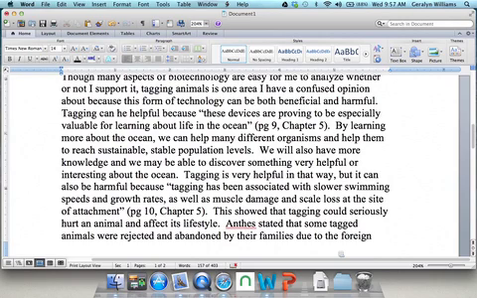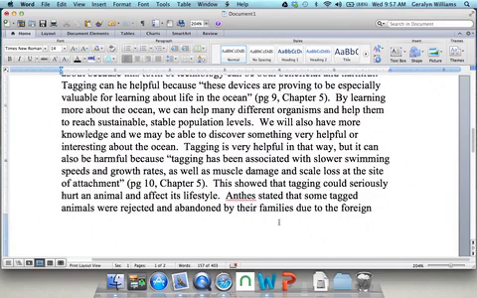Tagging is very helpful in that way, but it can also be harmful because tagging has been associated with slower swimming speeds and growth rates, as well as muscle damage and scale loss at the site of attachment. Page 10, Chapter 5. This shows that tagging can seriously hurt an animal and affect its lifestyle.